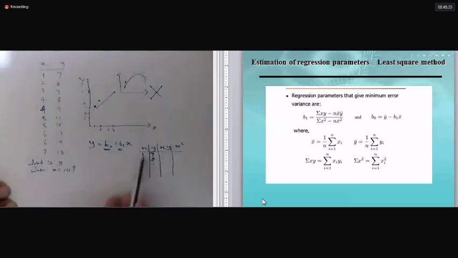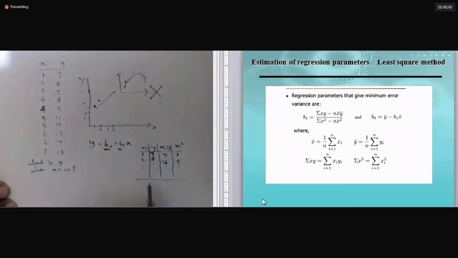Then xy you can find. Xy means product of these two. 7 into 1, 7. 8 into 2, 16. Similarly, you can find it for all the values. Then x squares are also there. X is 1, so x square is 1. X is 2, x square is 4. Likewise, you can find.